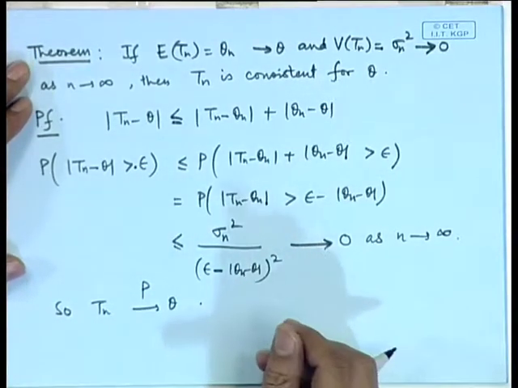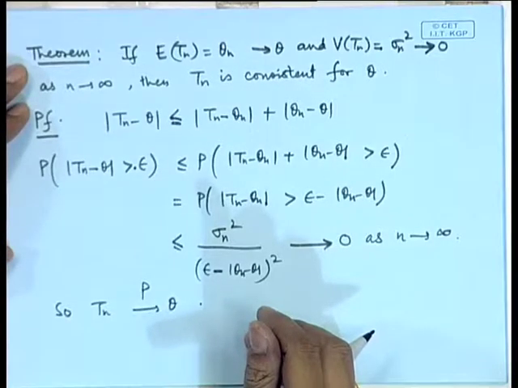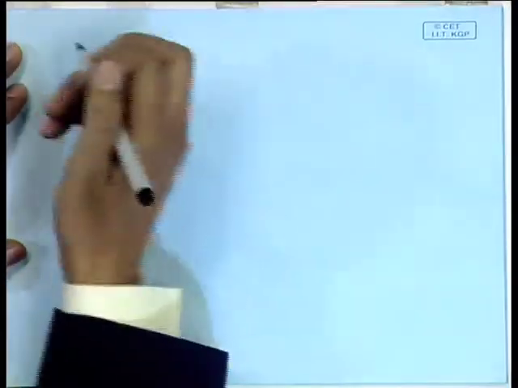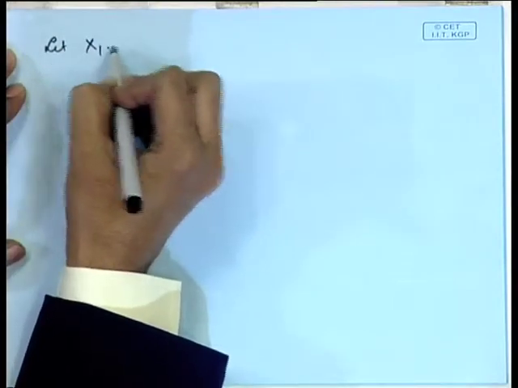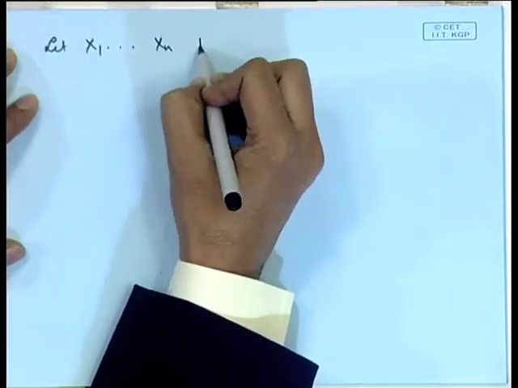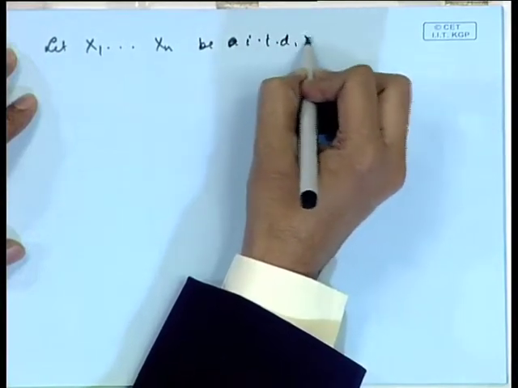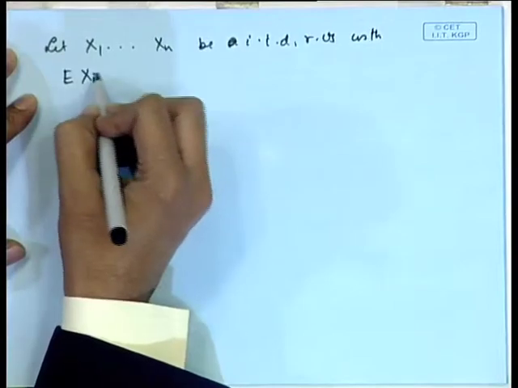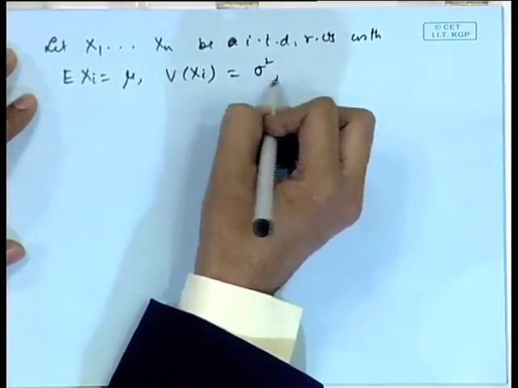This result is extremely useful. Let X 1, X 2, ..., X n be IID random variables with expectation of X i equal to mu and variance of X i equal to sigma square.